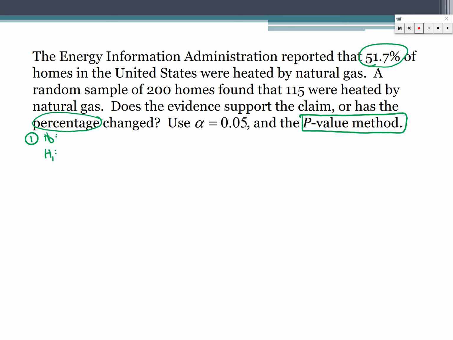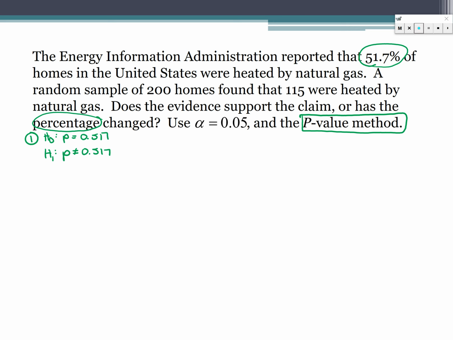So we use p. What we're hypothesizing is 0.517, so 51.7%. And all the question says is, has the percentage changed? It doesn't say anywhere in the question, has the percentage increased, decreased, gone up, gone down, anything like that. So all we can do is an equal, not equal.